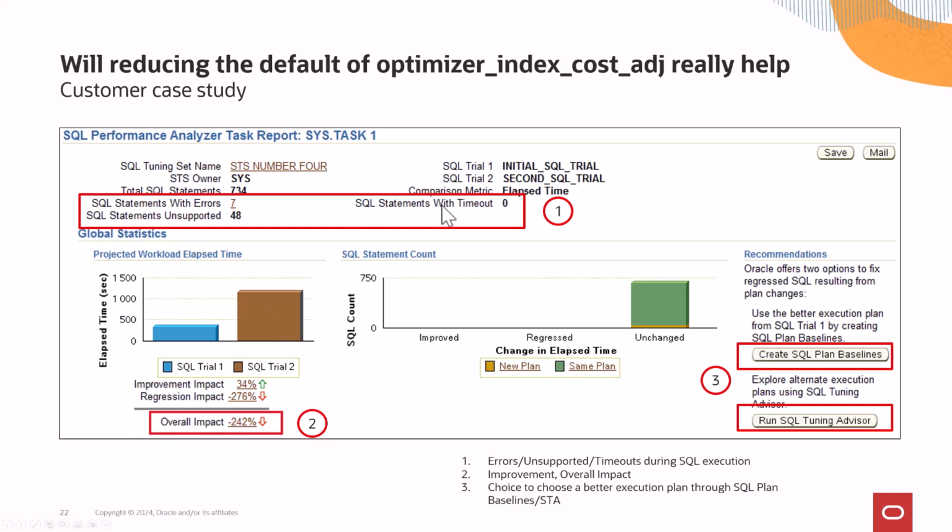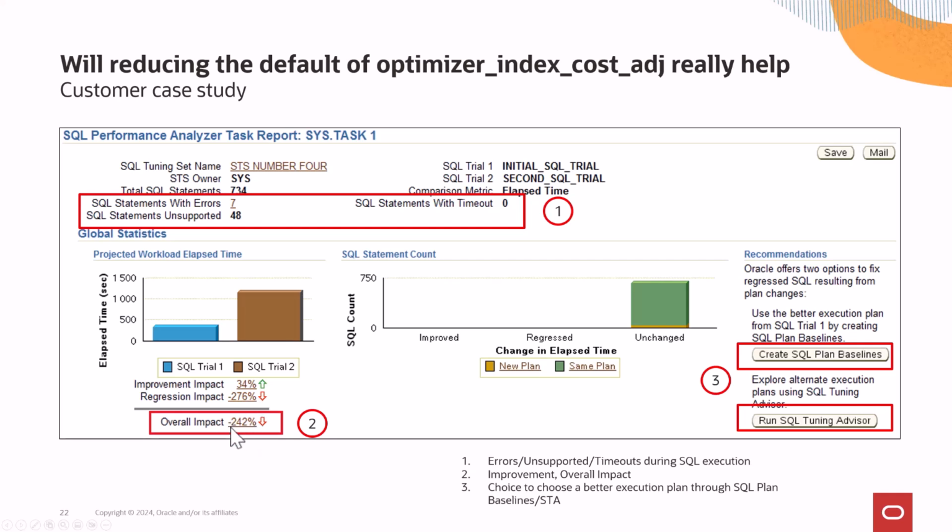As we see, this is another SPA report where the comparison metric is elapsed time, comparing SQL trial 1 with SQL trial 2. The second SQL trial is taking more time, hence the regression is more and the overall impact is decreased by this percentage.